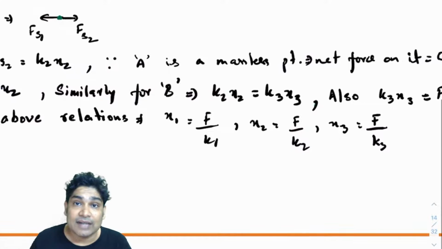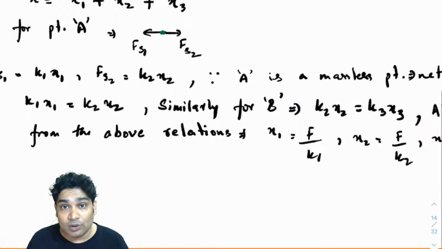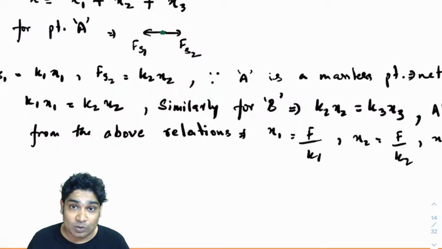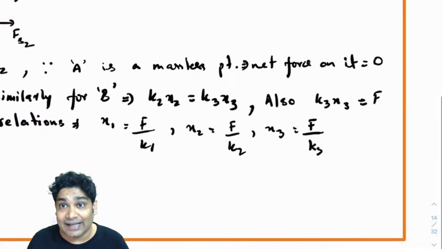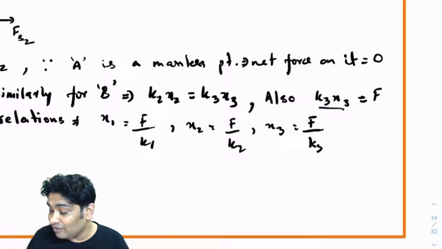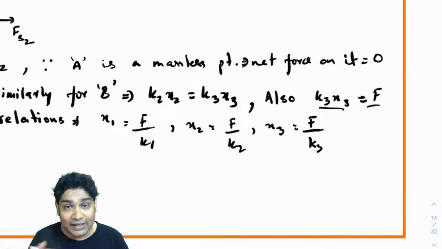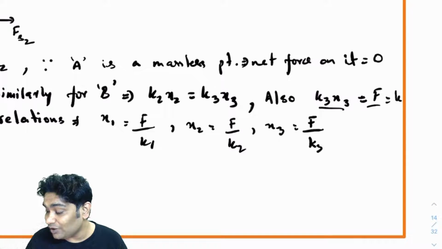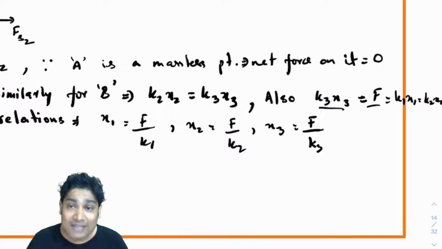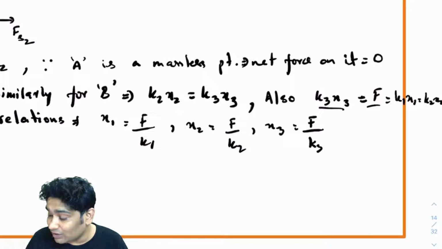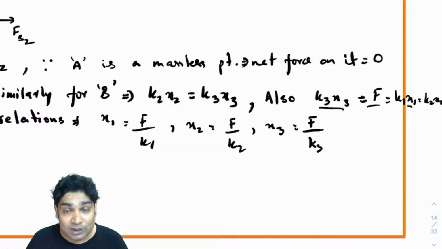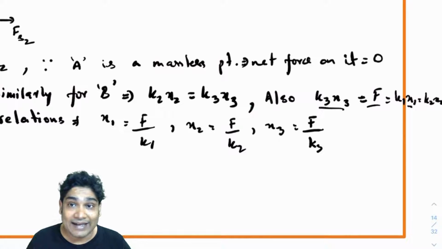All right, I hope you can see that. K1x1 equals K2x2, K2x2 equals K3x3, and K3x3 equals F, which means all of these are equal. So x1 is nothing but F over K1, x2 is F over K2, and x3 is F over K3.